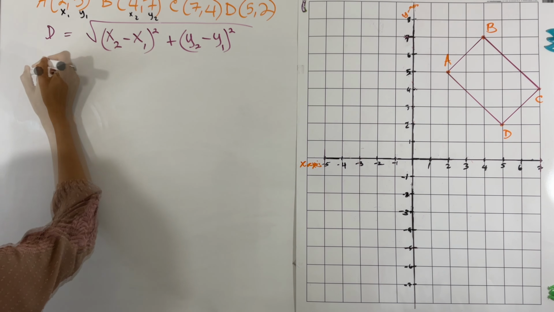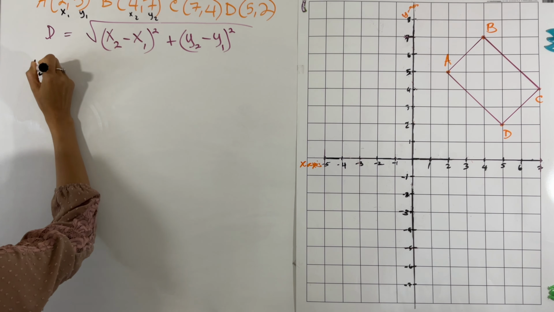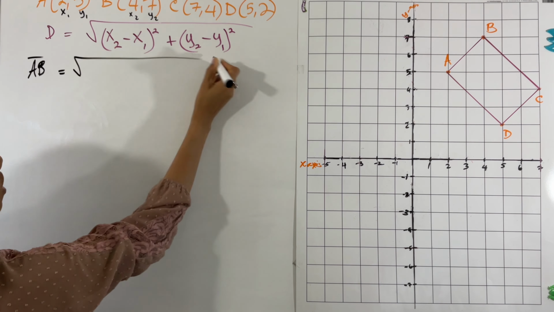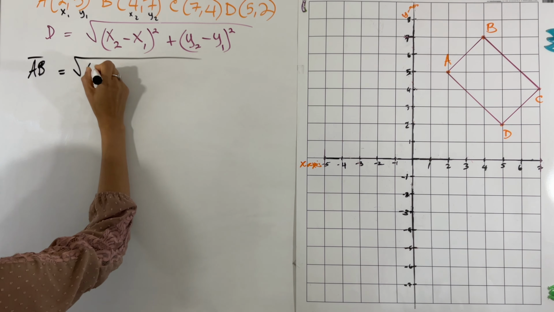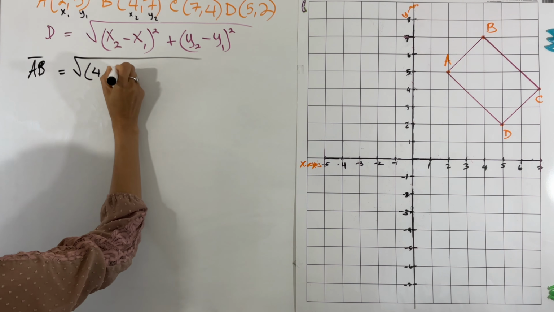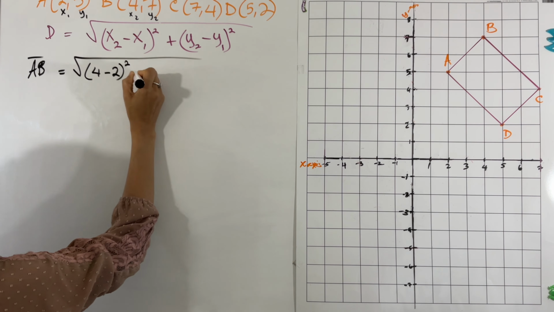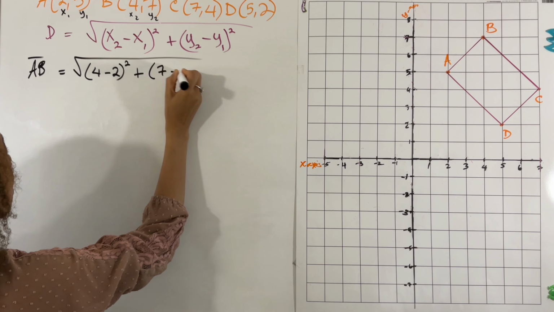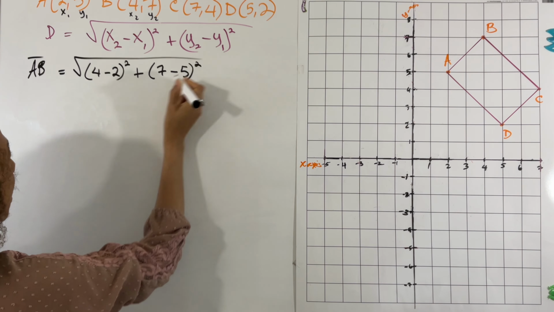y2 in this case. So segment AB is going to be finding the square root of x2 is 4 minus x1, which is 2, raise that to the second power, plus y2 is 7 minus 5, raise that to the second power.